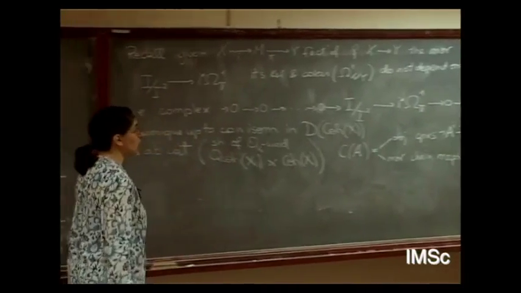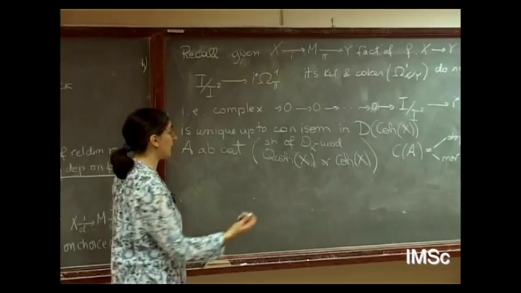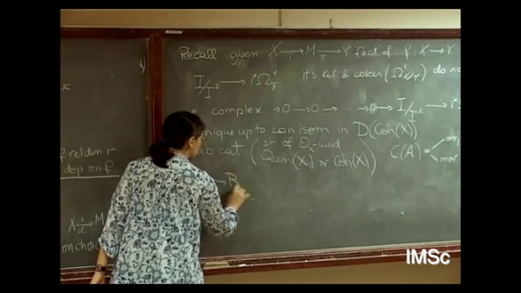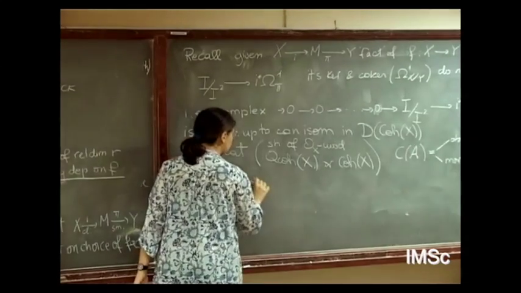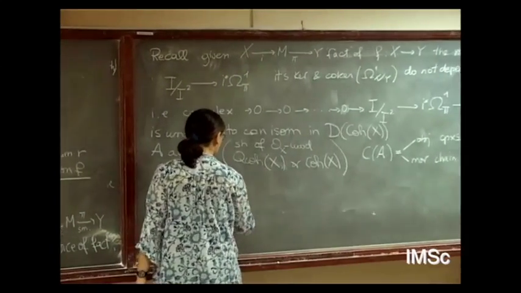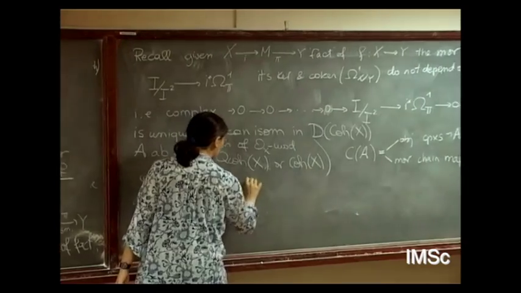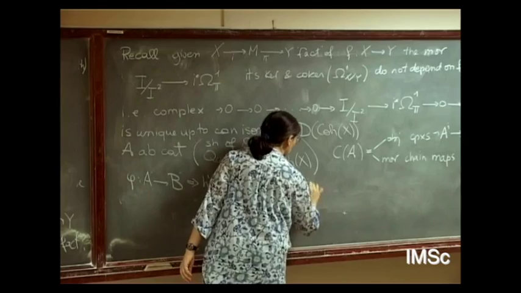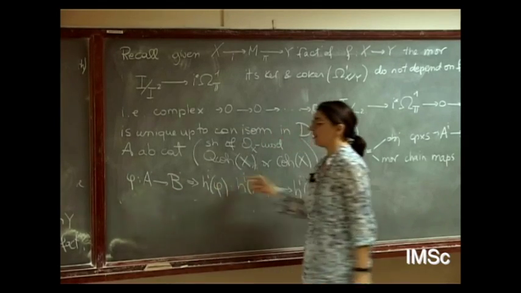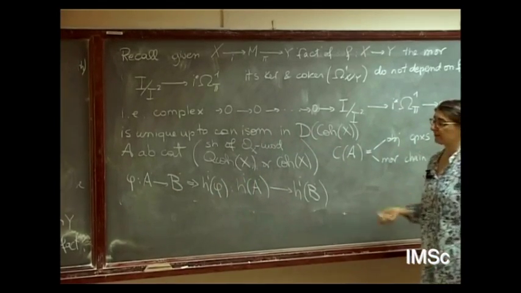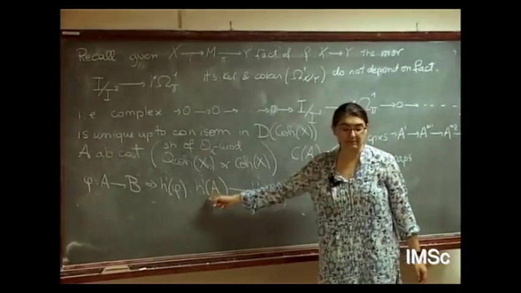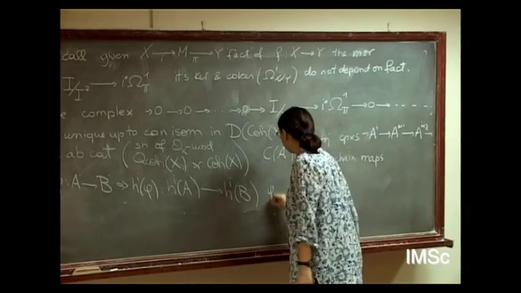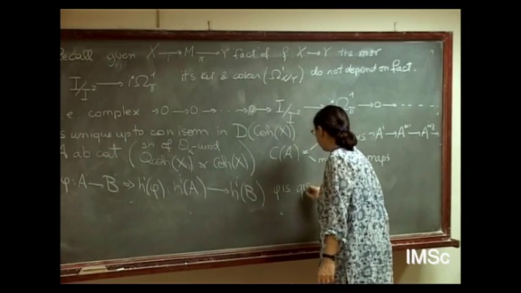And then for such a morphism phi from A dot to B dot, this defines a morphism which you call H^i of phi from H^i of A dot to H^i of B dot, because since it commutes with the boundary maps, it sends cycles to cycles and boundaries to boundaries, and so it sends cohomology to cohomology.